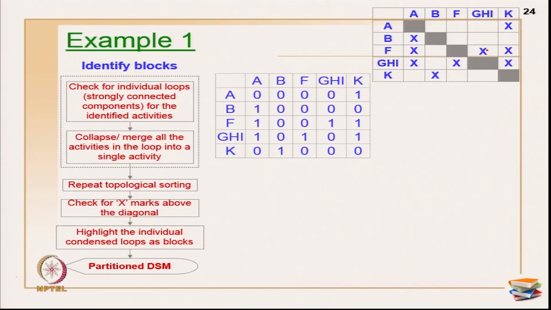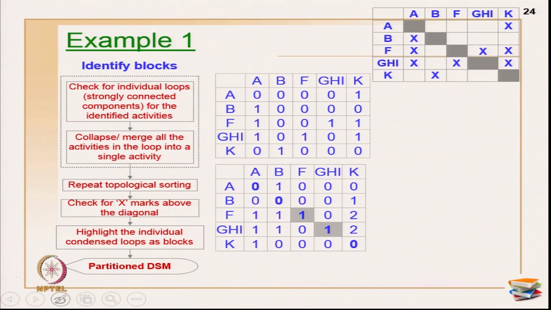Then you have to identify the remaining cycles or loops. I am converting into binary, same process. When I raised it to power 2, I identified that there is a block of cycle length 2. F is dependent on GHI and GHI is dependent on F, which is what I know. If you are experienced and not a beginner, you will also identify this with the help of the X marks.